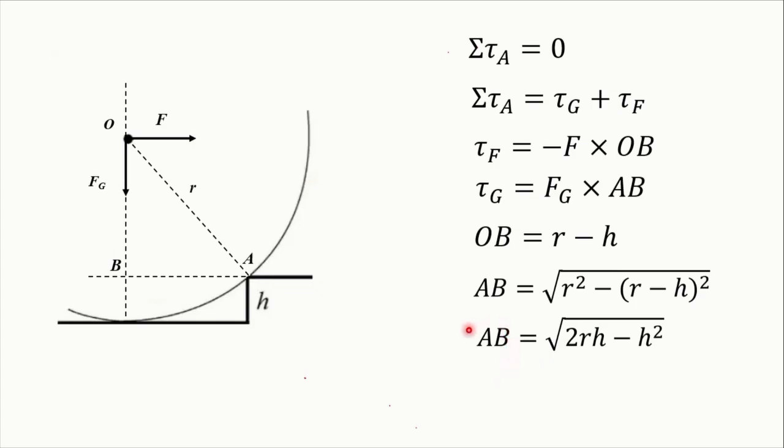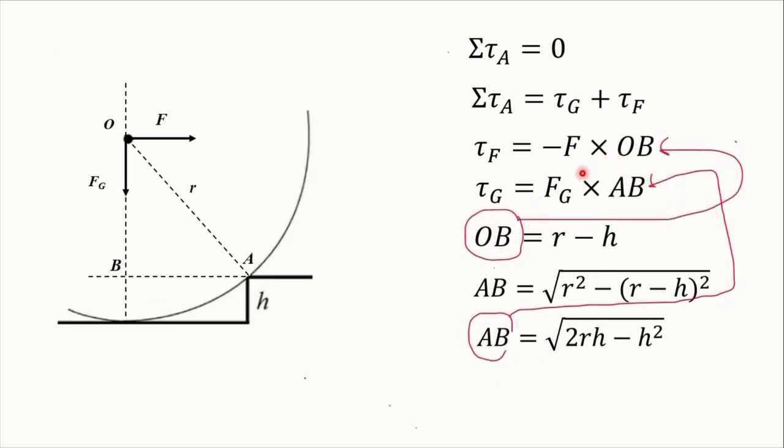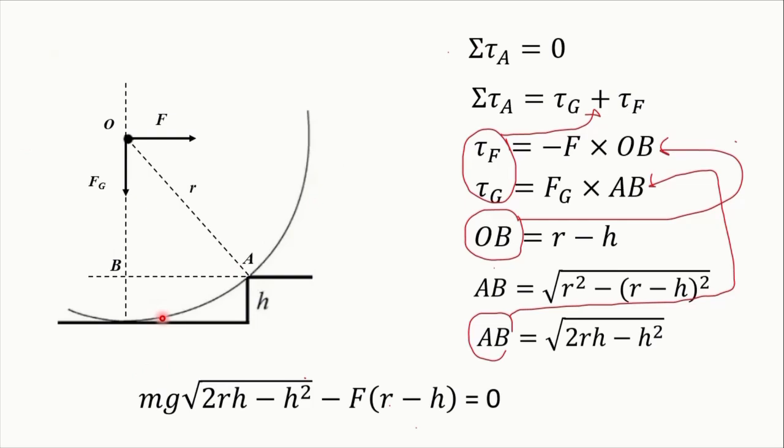Now we plug in AB here, OB here, and tau F and tau g we plug into this equation, and we will have the equation for equilibrium of the wheel at this position, which involves the unknown force F.